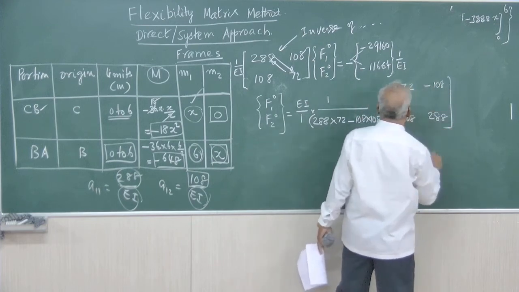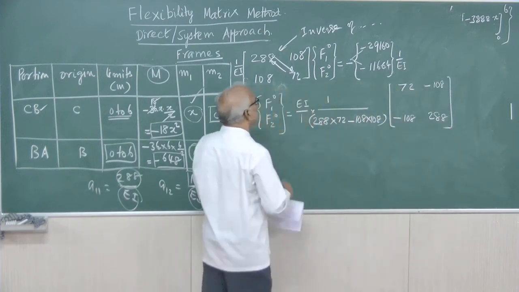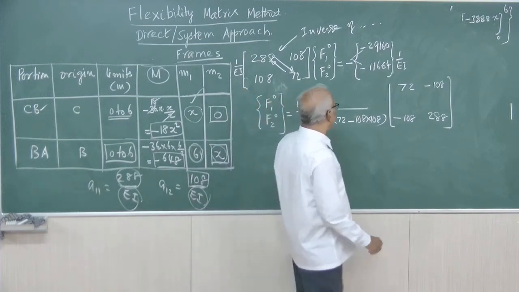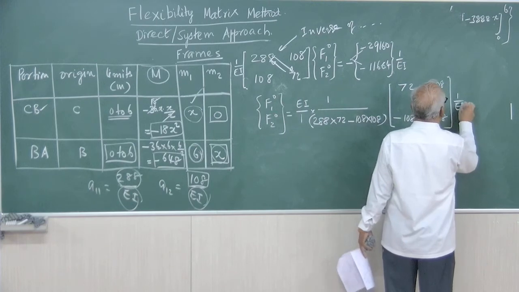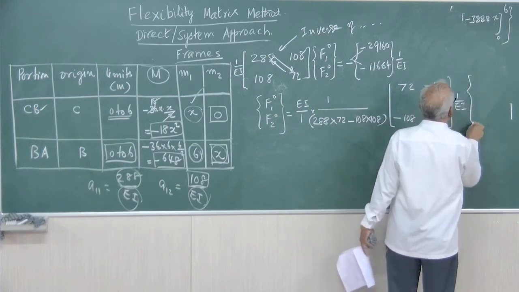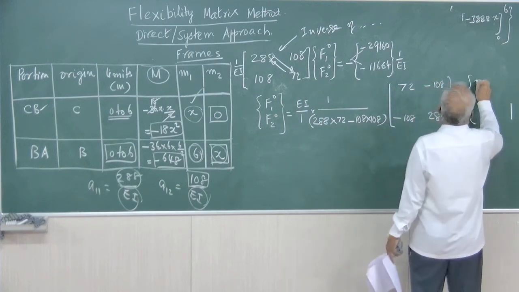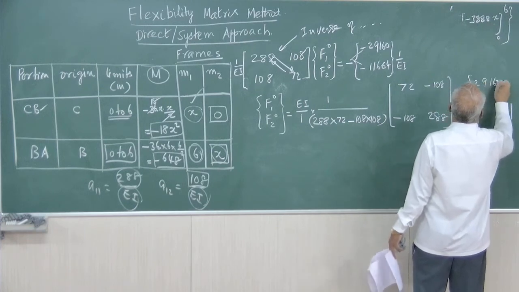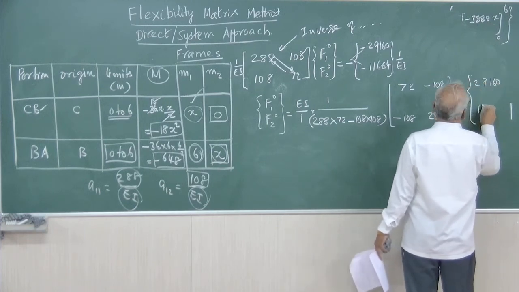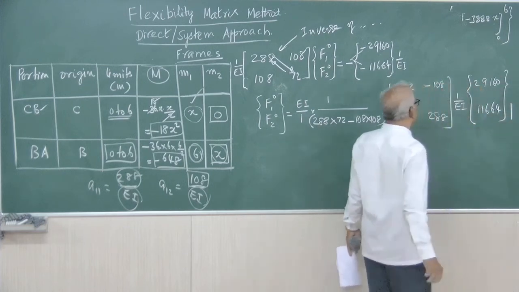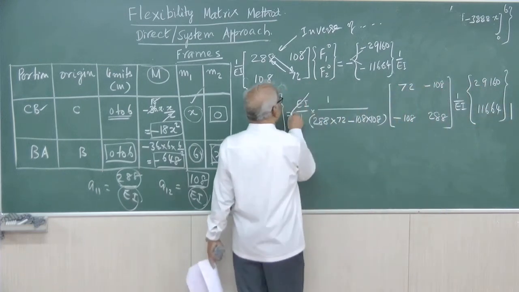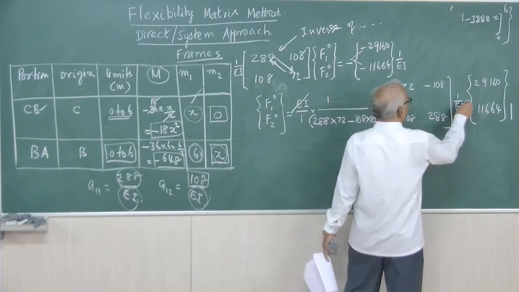So that is A inverse, that is A inverse into the value f, that is equal to 1 by EI. You will change the sign, therefore 29160 and 11664. That's about the value. So EI will get cancelled.